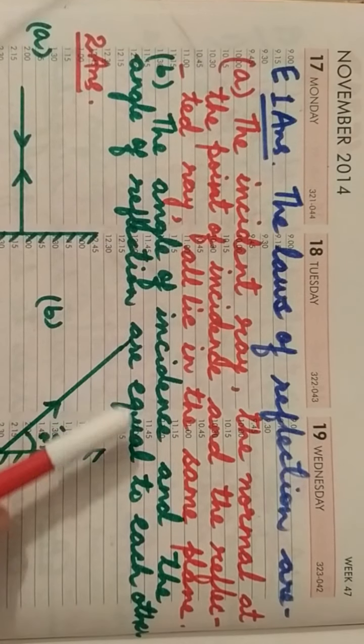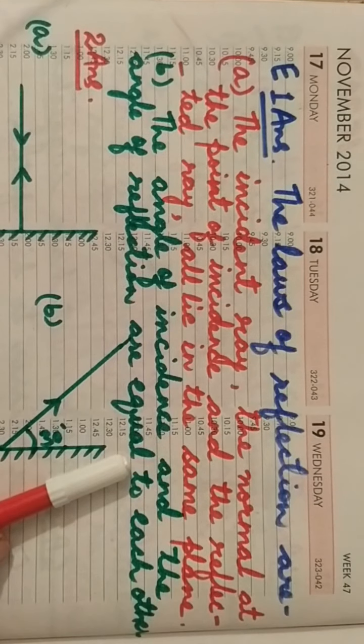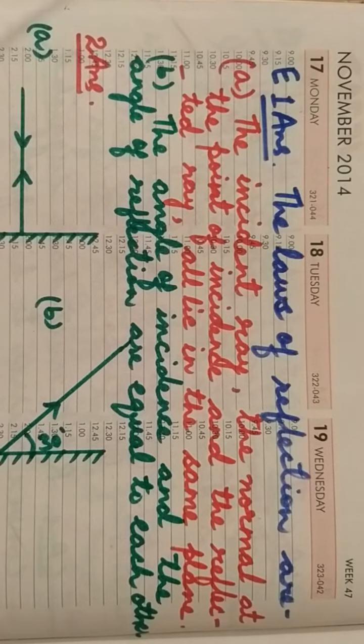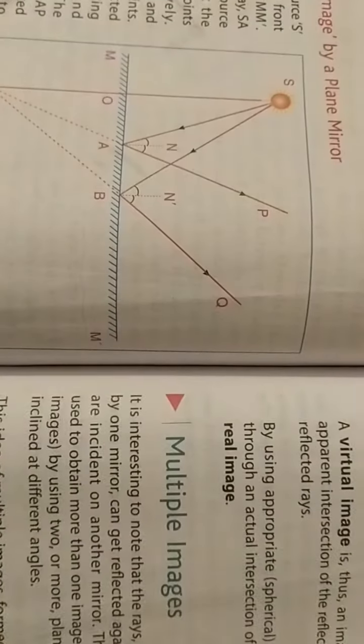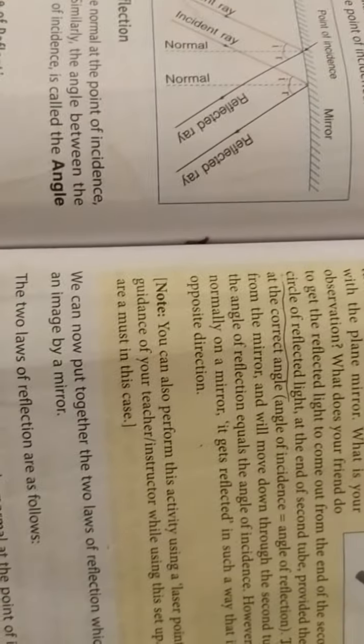Now you have to describe an activity to show that the incident ray, the reflected ray and the normal at the point of incidence all lie in the same plane. So children, an activity is given in your book, in page number 179.